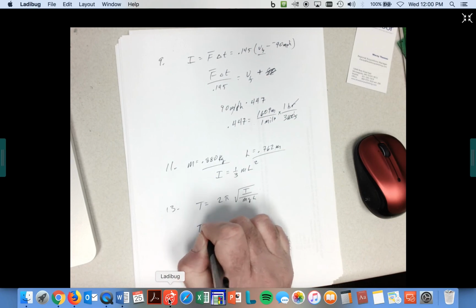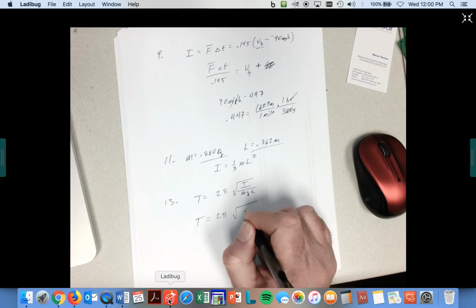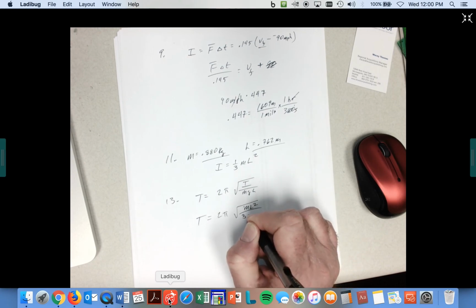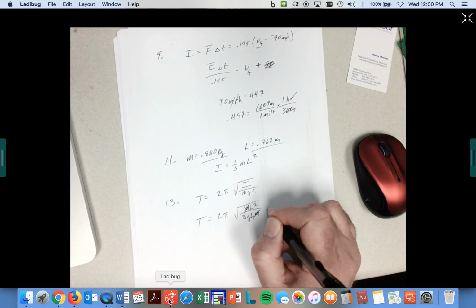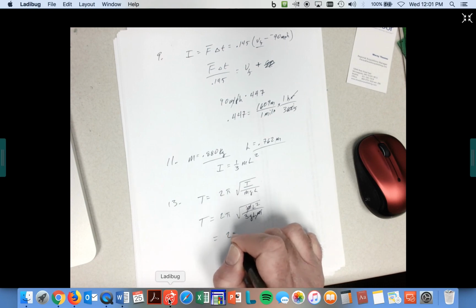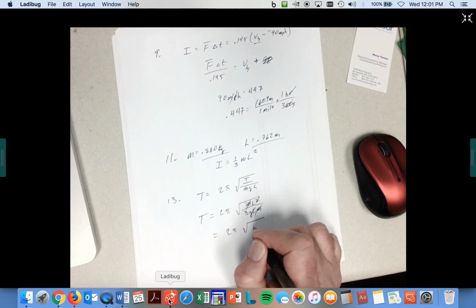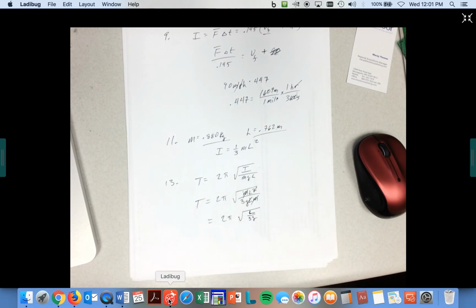So we wind up with T is equal to 2 pi times the square root of m l squared, now the 3 drops down here, times 3gl times m. So the m's cancel, and we wind up with 2 pi times the square root, and one of the l's cancels, of L over 3g. So it's a little different than just a simple bobbing pendulum. In fact, it's a little bit smaller.